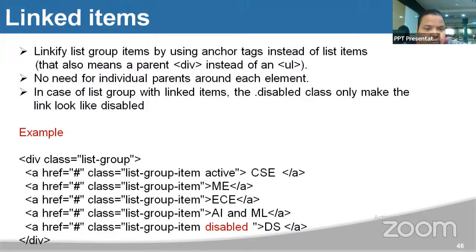Like that, you are also using the anchor tag, but it means as the parent, that is the parent div instead of the UL. Yes, directly you can give the div tag followed by the individual anchor tags. No need for individual wrapping around each of the elements.